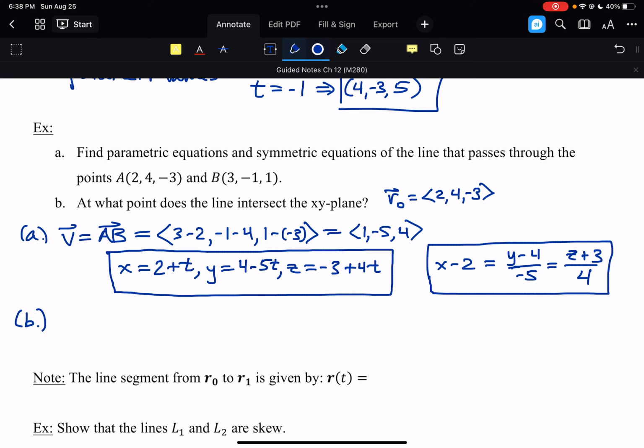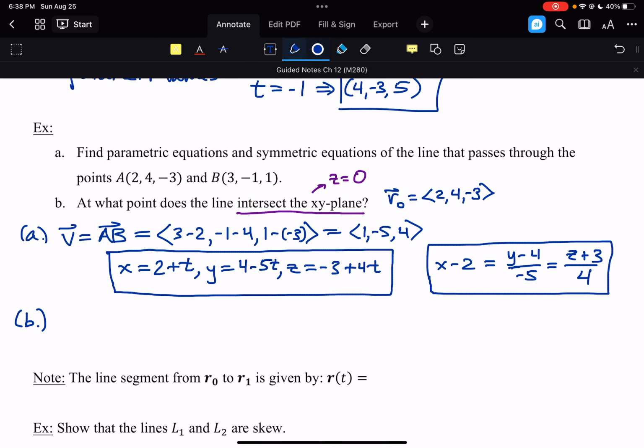And then for part B, at what point does the line intersect the xy plane? Now, when we say intersect the xy plane, what is true about every point that lies on the xy plane in 3D space? All of these points in the xy plane have a z value of 0.